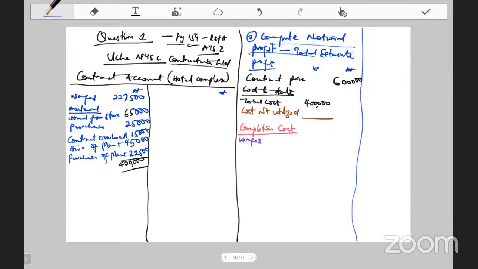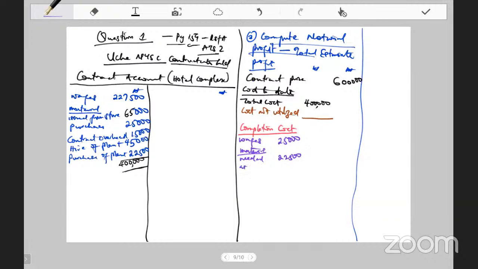We have wages, completion. How much? Wages, 25,000. What's the next one? Material, exclusive of stock at site, so we have the material needed, 22,500.